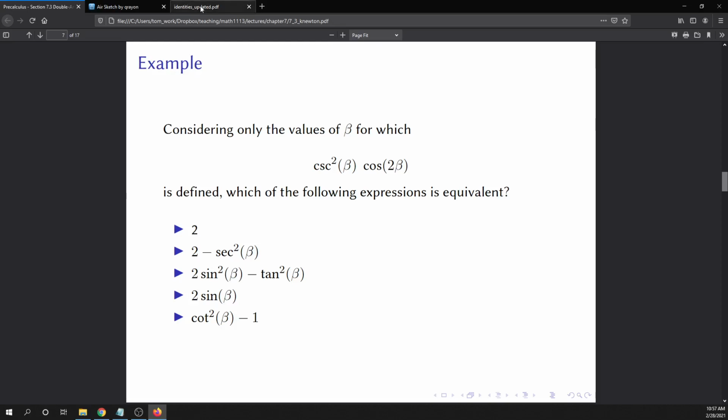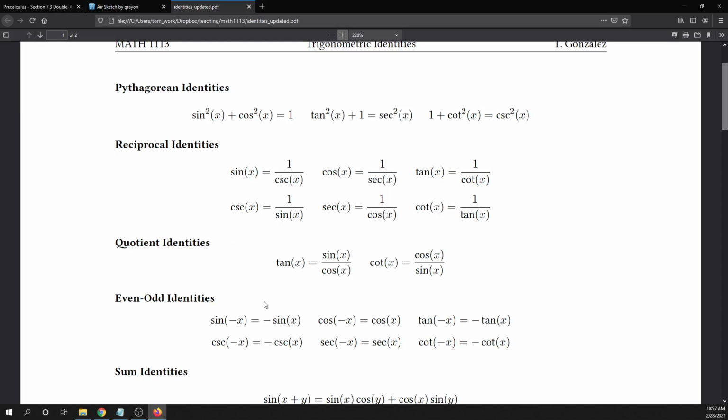You would look back through your identities and see if you can find something that relates cosecant squared and cotangent squared. If you look back up at these Pythagorean identities, there is one that relates cosecant squared, which is what I've got, and possibly also cotangent squared, which is possibly what I want.